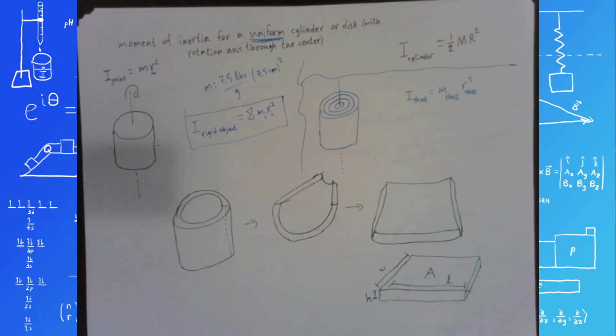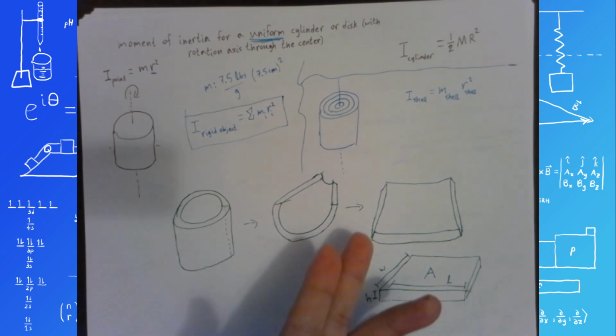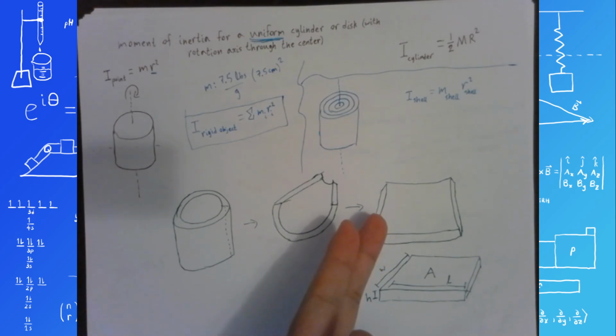If you make your cylinders thin enough, then there's little difference between this curved shape that's not quite a rectangular prism and this thing, which is a rectangular prism. When you're dealing with really, really thin shells, the difference just disappears.